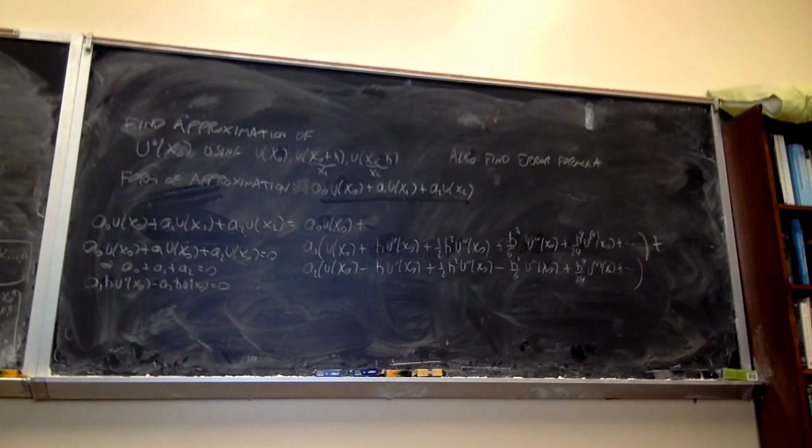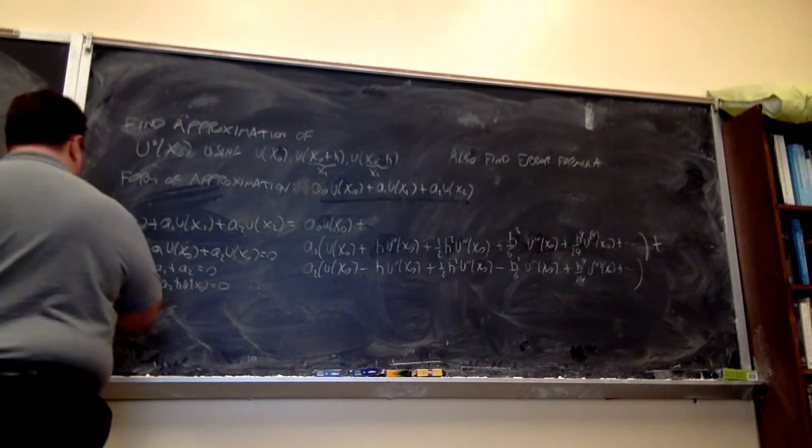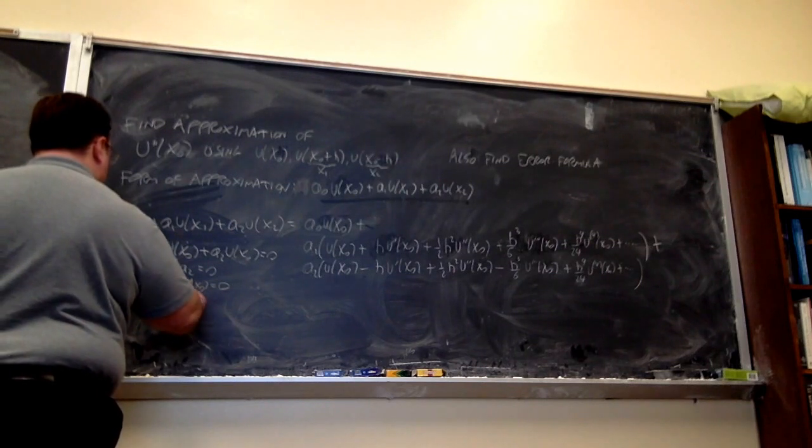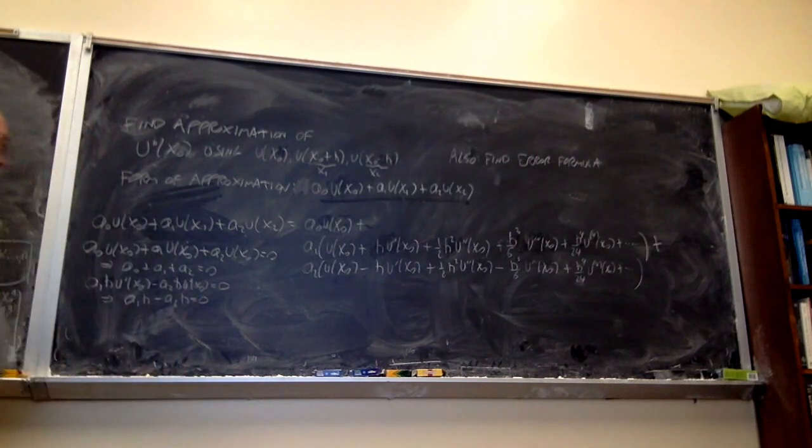So I can factor u prime of x naught out of that, and that gives me a second equation. a1 h minus a2 h is equal to 0. I could also factor out an h. The reason I'm not doing that is to be more consistent with what's in the notes. If we didn't have uniform spacing, then I couldn't factor that out anyway.